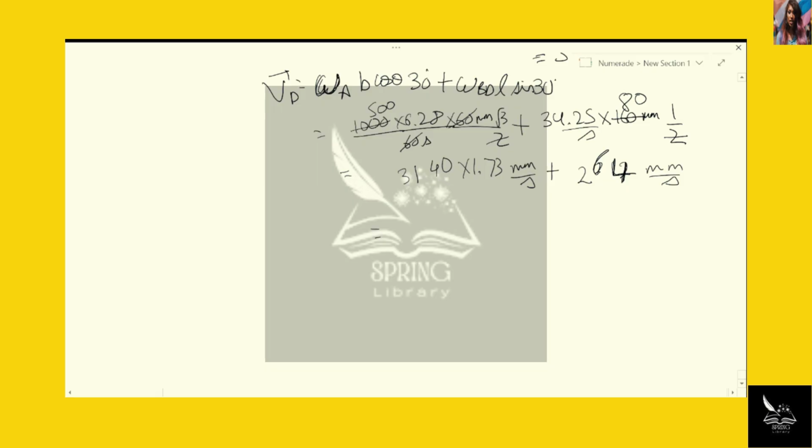So 5432.2 plus 264 millimeters per second. So this will be 5696.2 millimeters per second, or 5.7 meters per second.